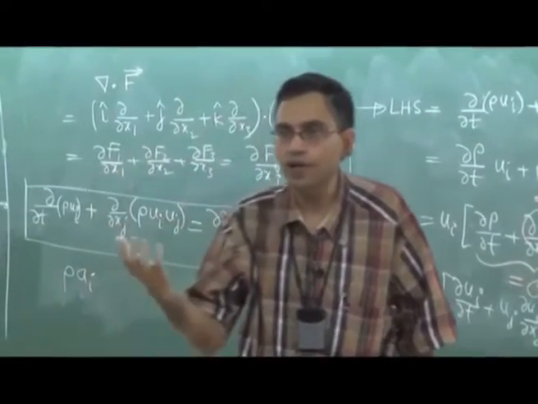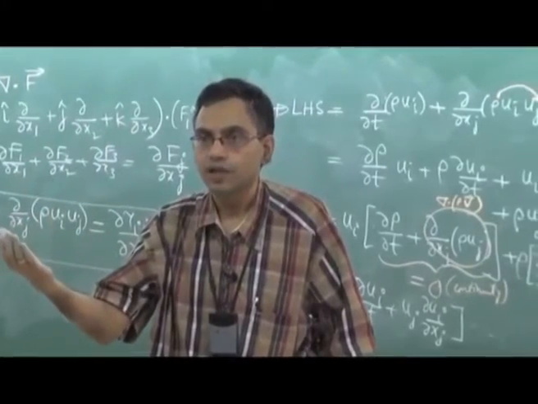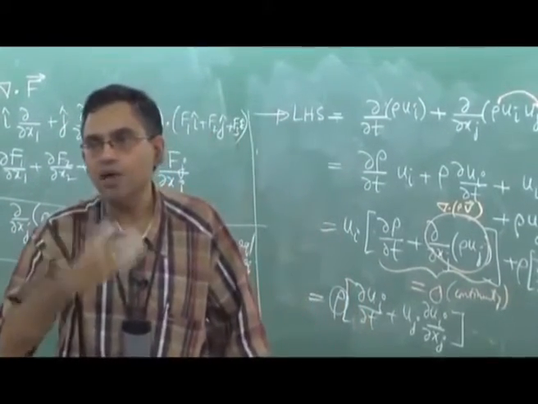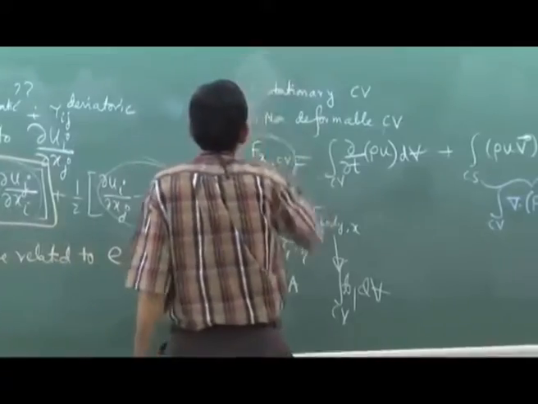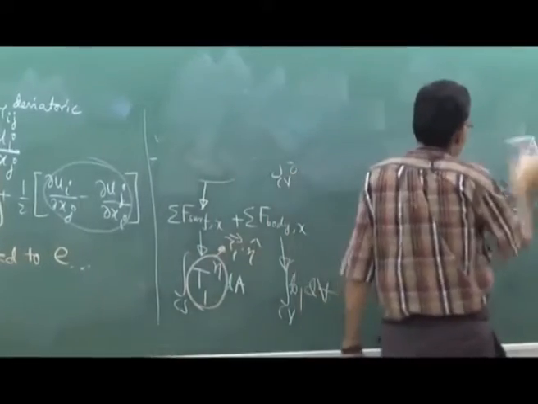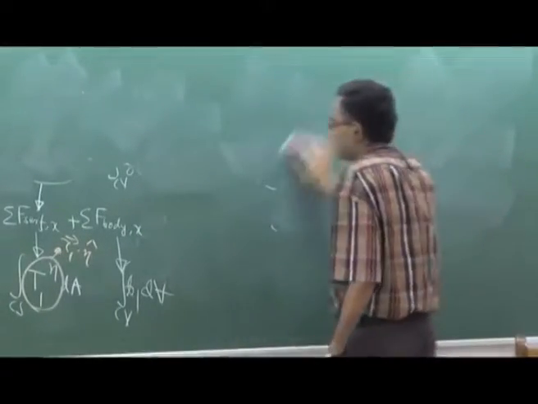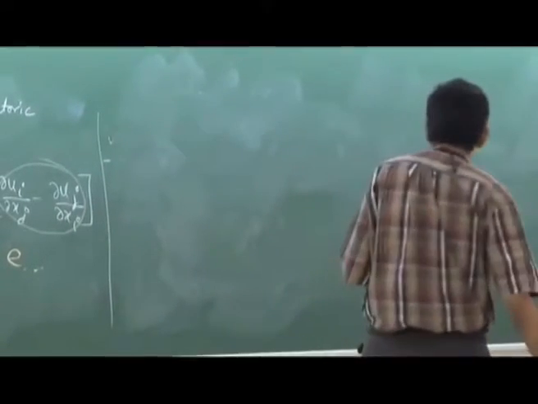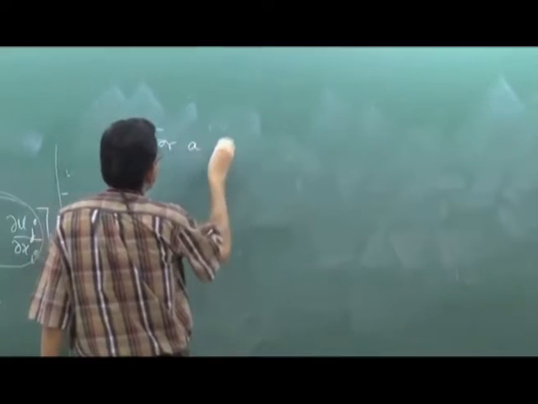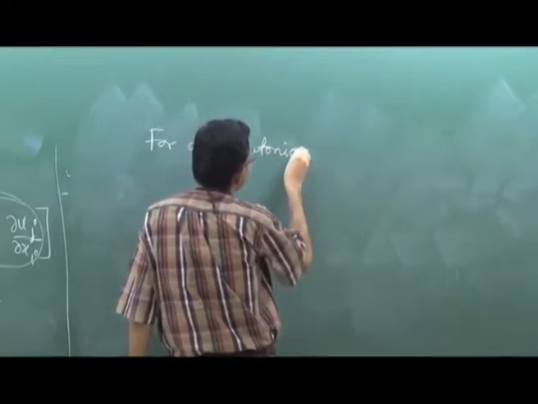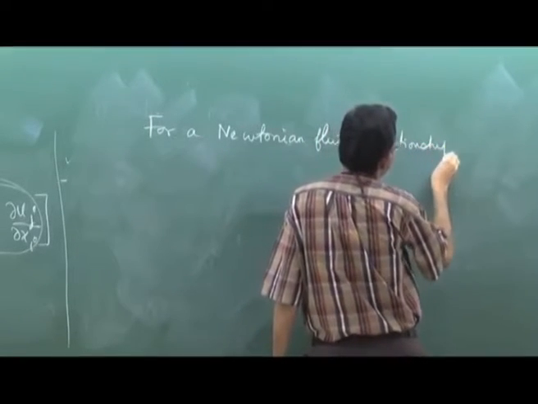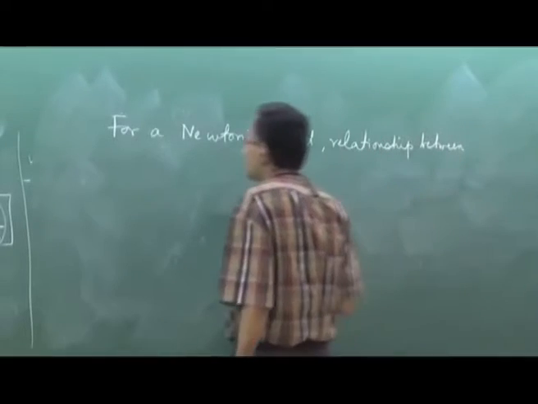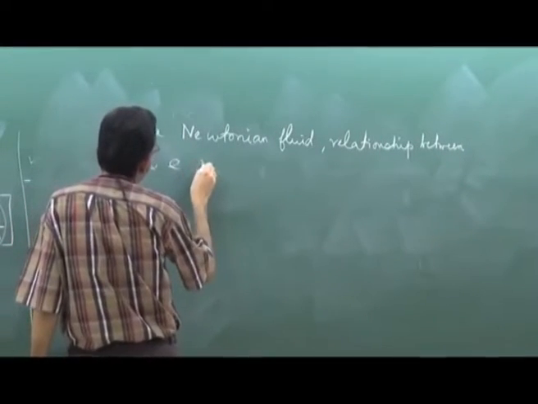If you are considering a Newtonian fluid, then tau is linearly related to E. For a Newtonian fluid, the definition is that the relationship between tau and E must be linear.